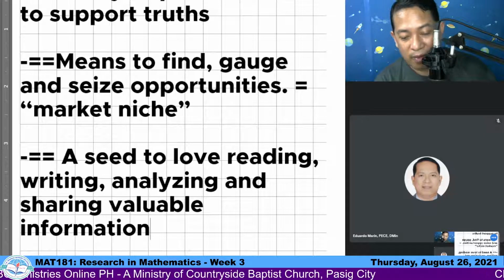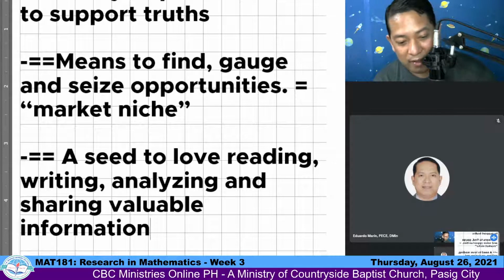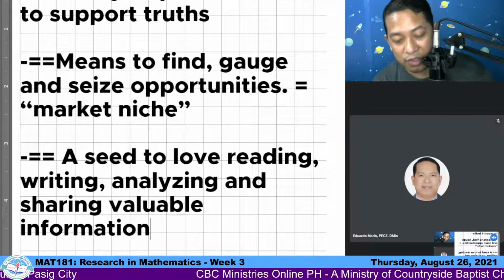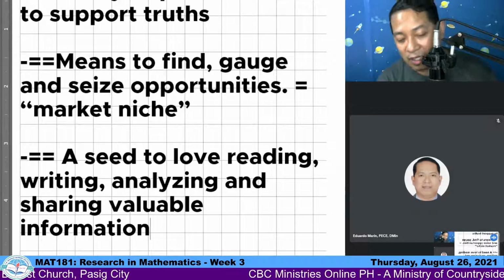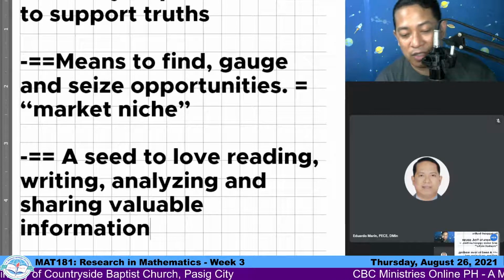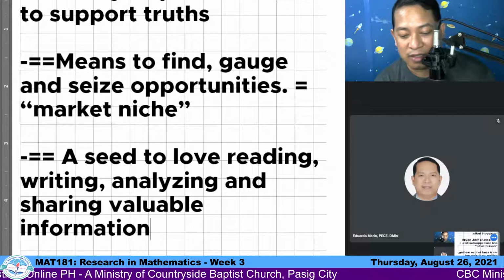You need to read. That's sometimes my problem too, but nevertheless it's a concern for all of us. And also writing. You need to write what you are about to research, and express it in terms of verbalization.